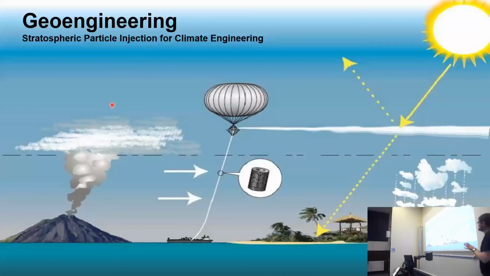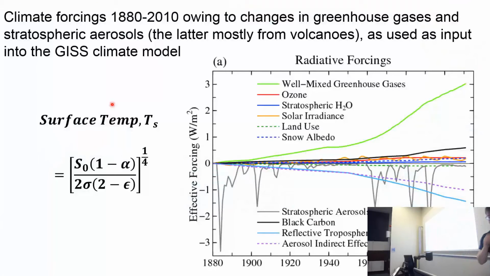Not saying that this is necessarily a good idea, because there will be other effects from this, and there are also issues about the political governance and the ethics of doing this, but it would work. It would cool the planet, and wouldn't be that expensive, maybe a couple of billion pounds a year to do that. But it's an idea that's out there.